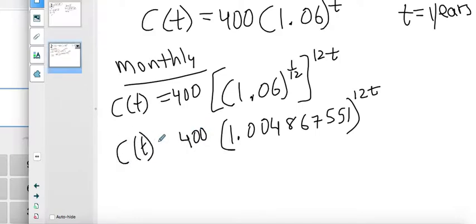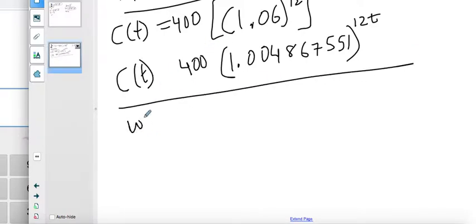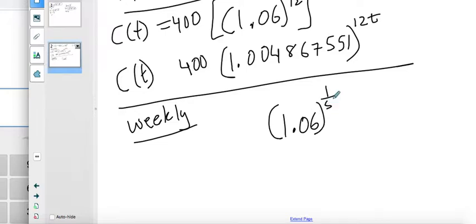There are 52 weeks in a year, so I follow the same principle. A week is less than a year, so it's not going to be to the 52nd power, it'll be to the 1 over 52, right, each week. But since there are 52 in a year, and I need these to cancel out, I need 52t here.